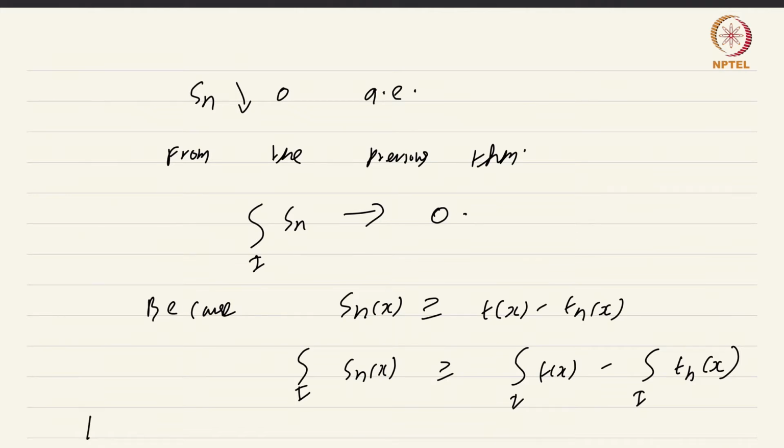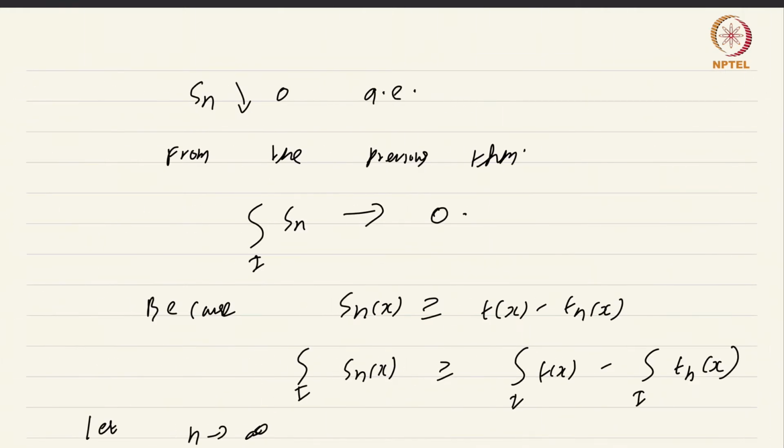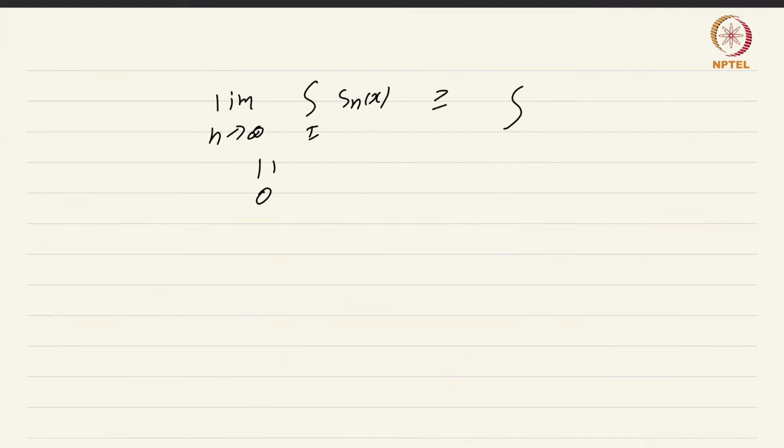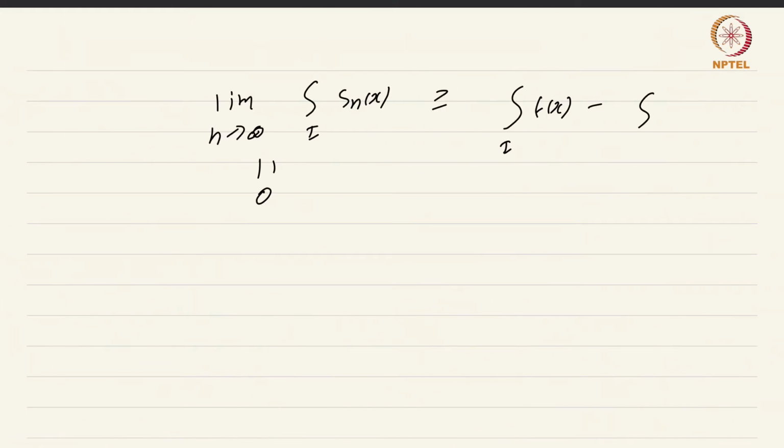Now let n go to infinity, so we get the limit of the integral over I of Sn, which is just 0, is greater than or equal to the integral over I of T minus the limit of the integral over I of Tn. In other words, we get the integral over I of T is less than or equal to the limit as n goes to infinity of the integral over I of Tn, as claimed.